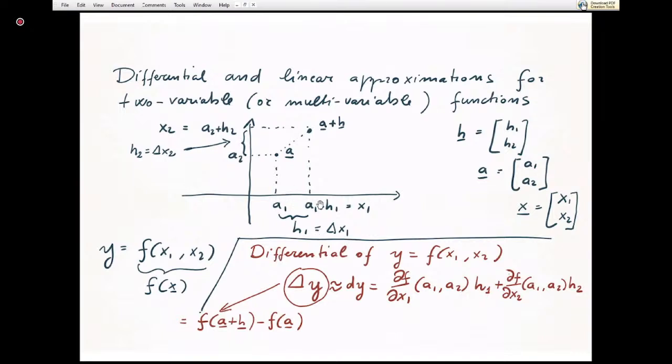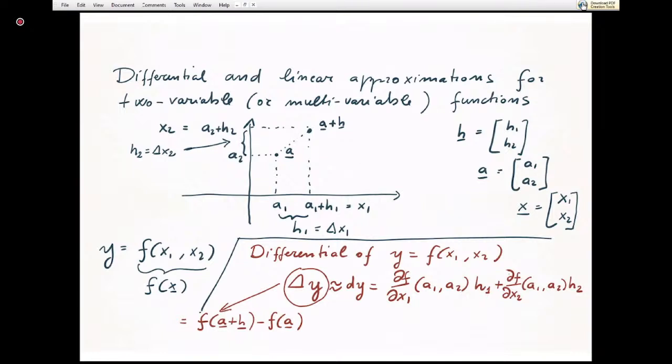The increment is h1 or delta x1. The derivative is what? It's the partial derivative with respect to which variable? x1, because I'm supposing that the vertical variable x2 remains fixed at the level a2. I change only x1. I'm regarding this as a function of x1 only.